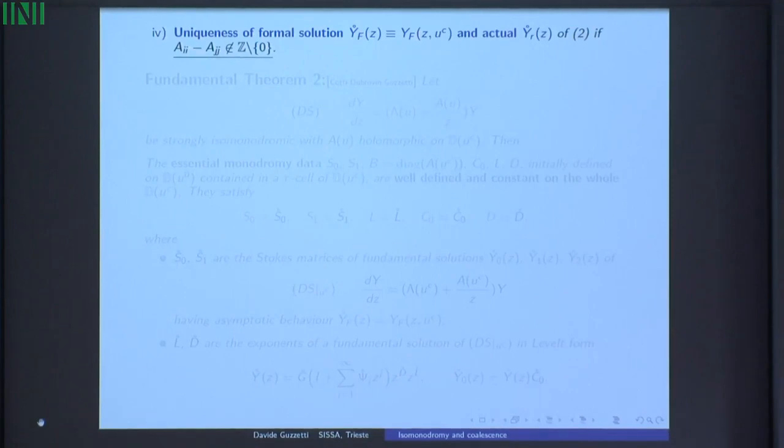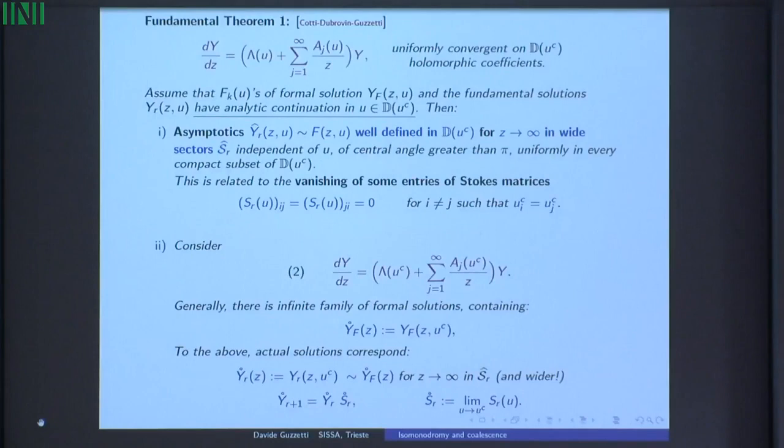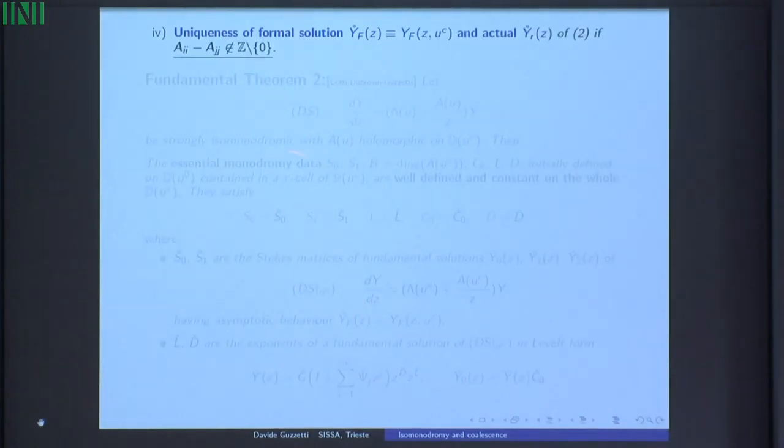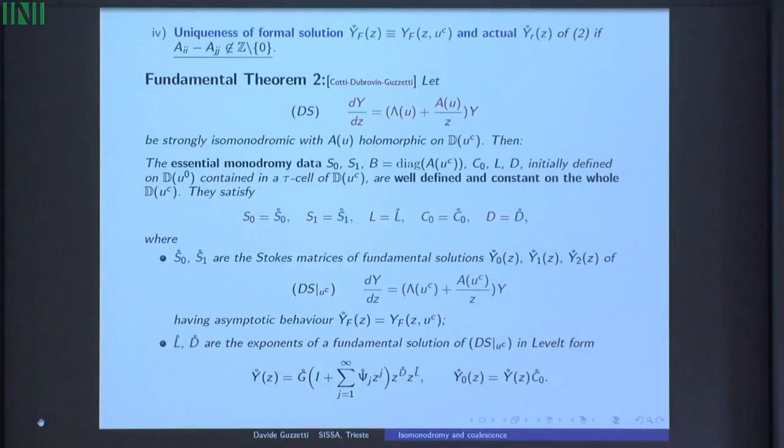But in the case where the diagonal entries of the matrix A1 do not differ by integers, there is only one choice, this one. So now let us apply this to the isomonodromic case.